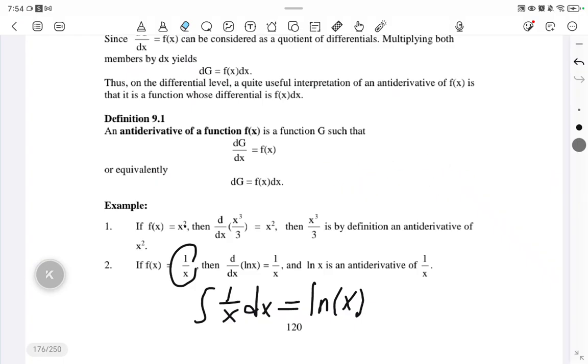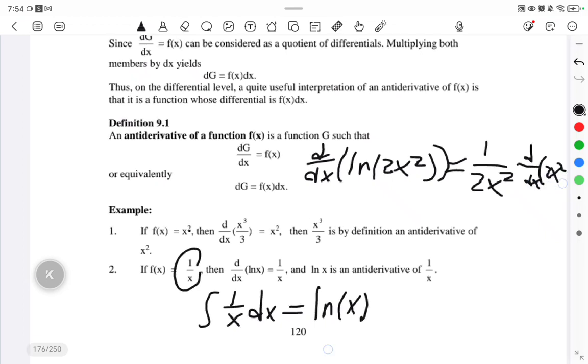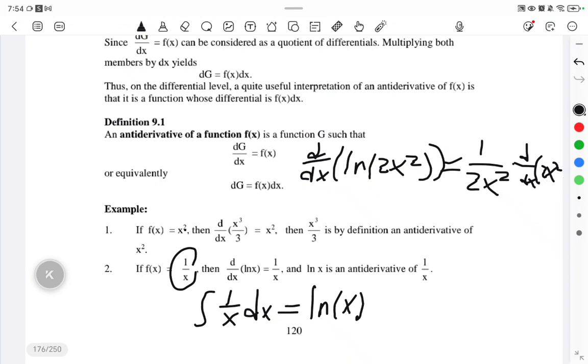So if I differentiate ln of 2x squared, I'm going to get 1 over 2x squared times the derivative of 2x squared. This would be 4x over 2x squared. You see, right? And this would be 2 over x.